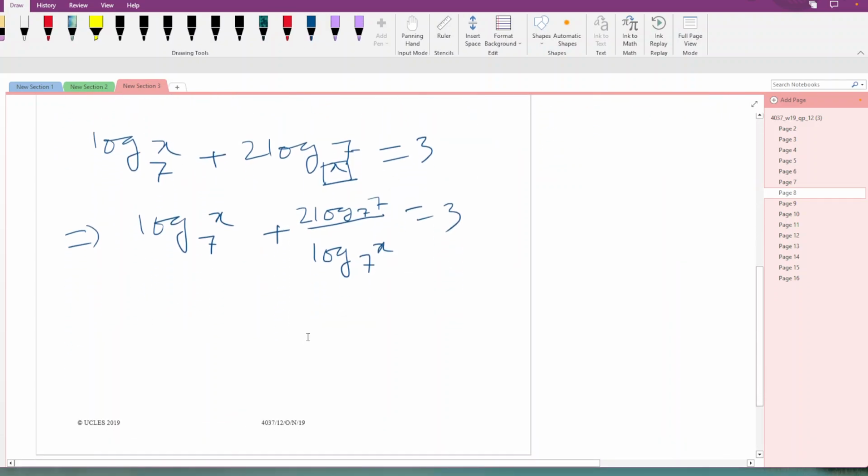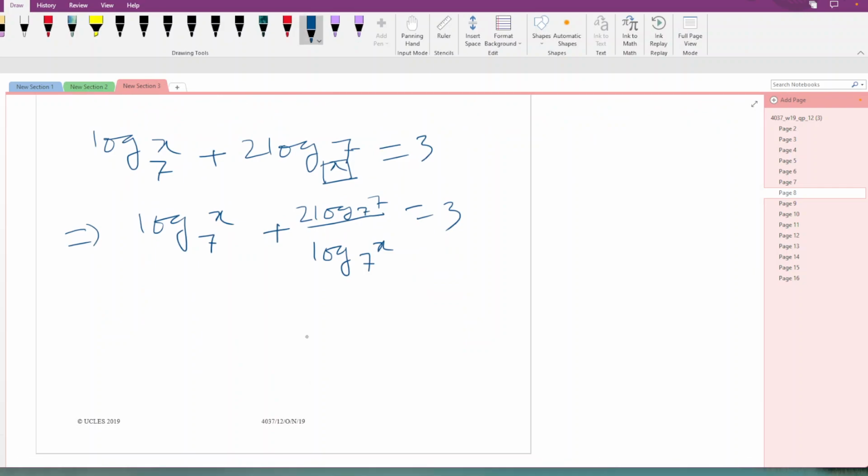Now let log x to the base 7 be y, and the expression is y plus 2 by y equals to 3.